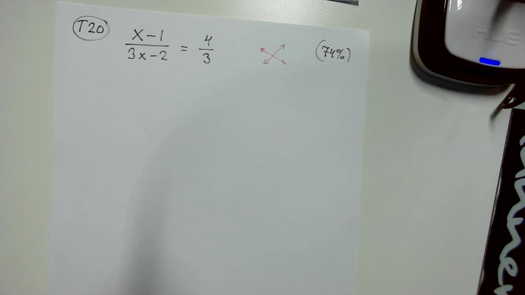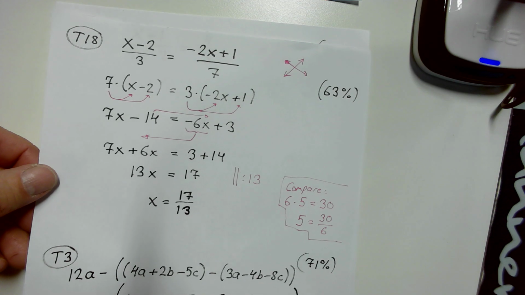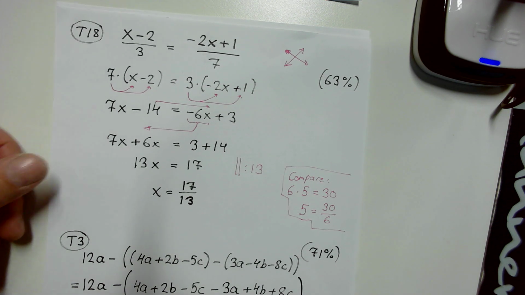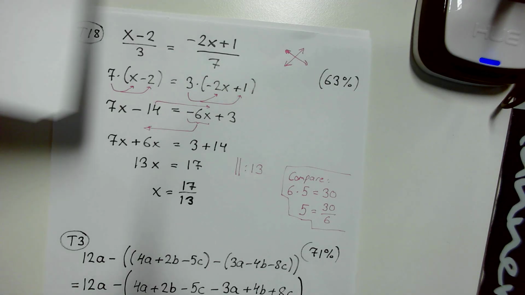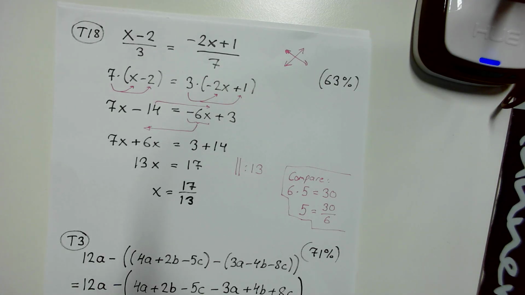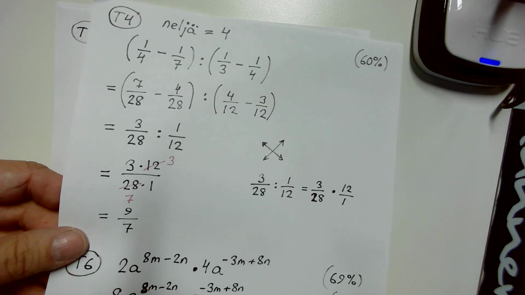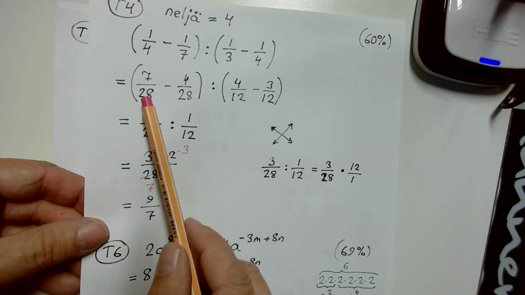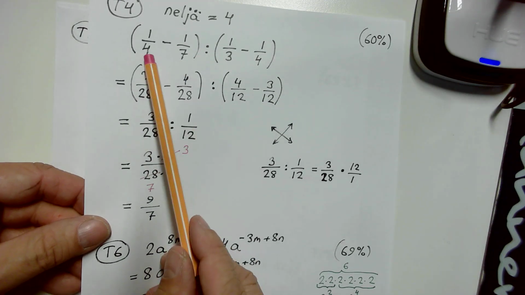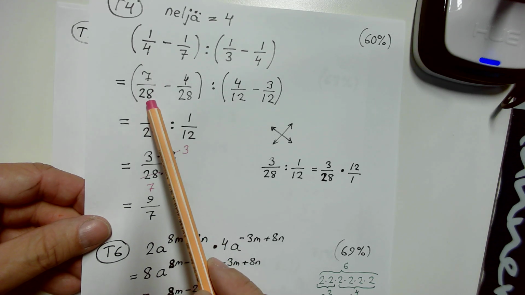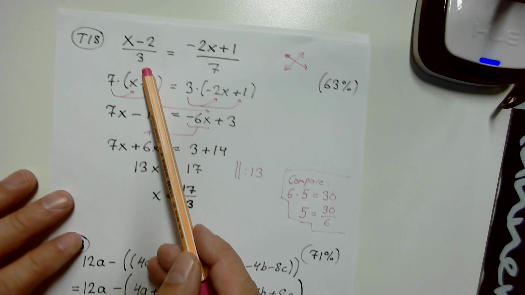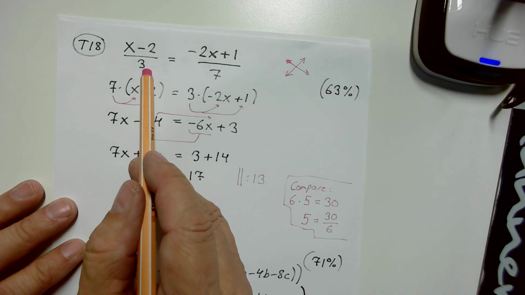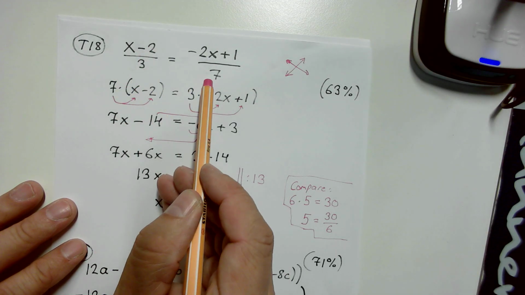Of course, in this problem it would have been possible to do almost the same as we did in problem 4. We get the same number in the bottom part of these fractions. We have 3 and 7.